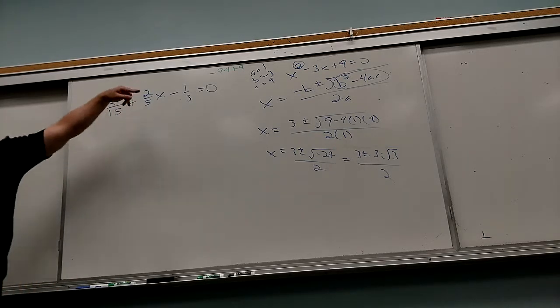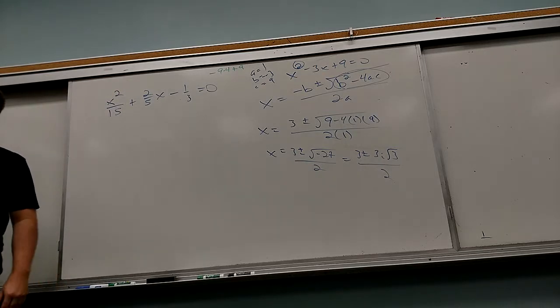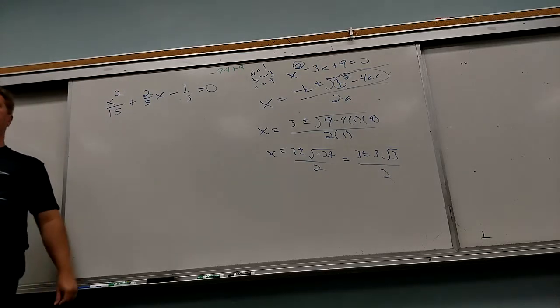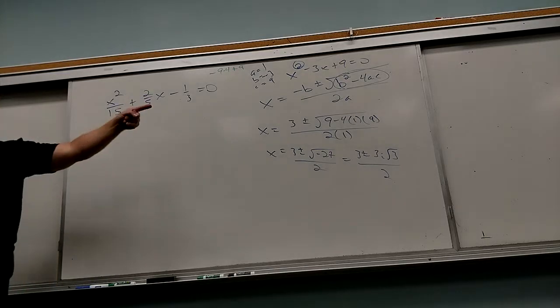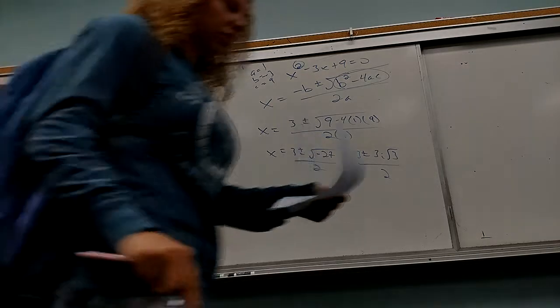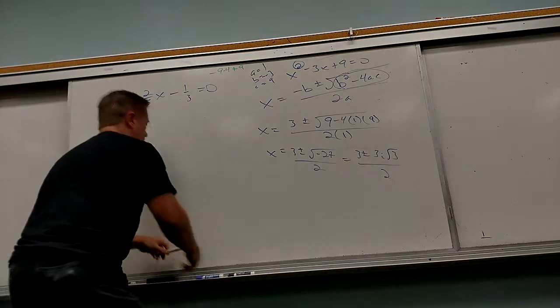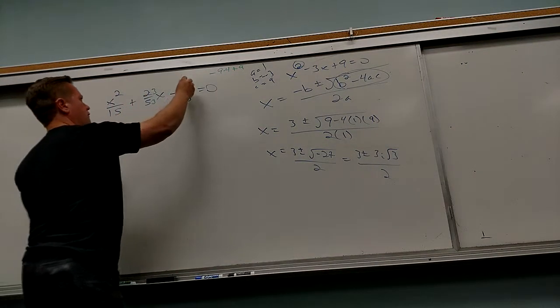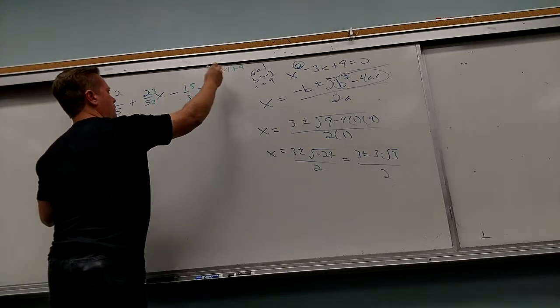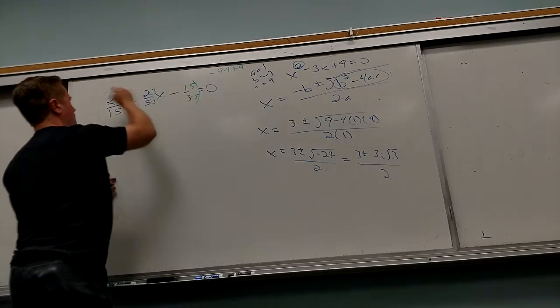What am I allowed to do to both sides of an equation? Add, subtract, multiply, divide by the same thing, right? So what am I going to multiply by? Yeah, because I can make this 15, right? Make this 15. And then I can multiply both sides by 15.